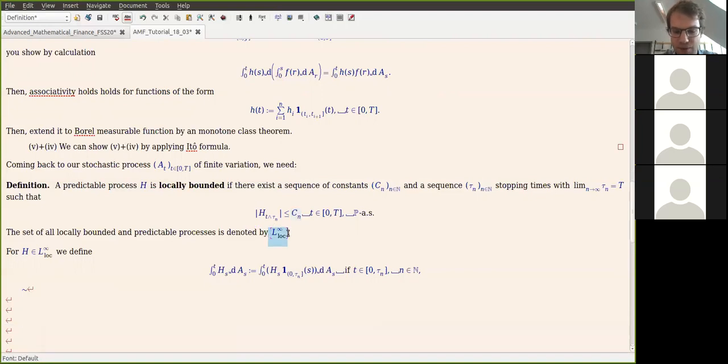So L infinity loc is just the set of all predictable processes which are locally bounded.